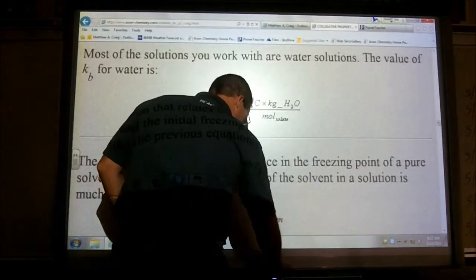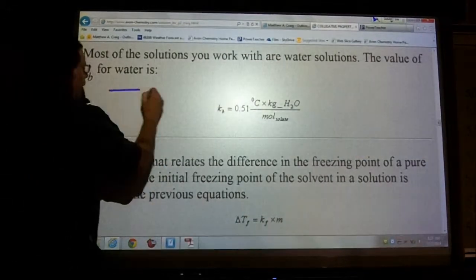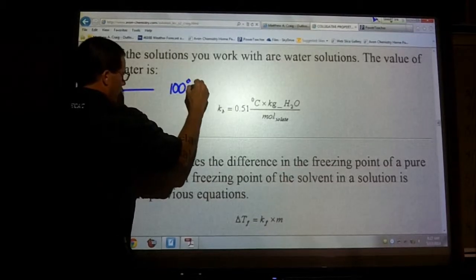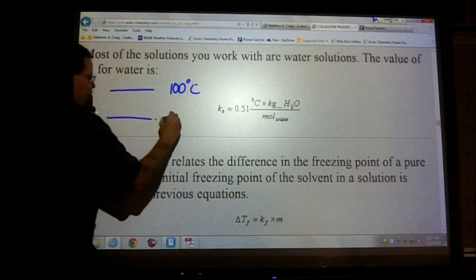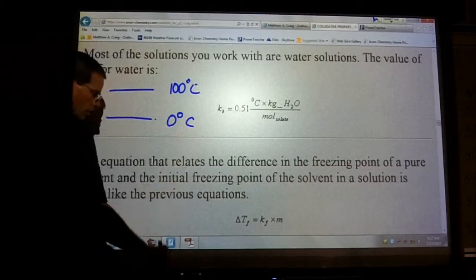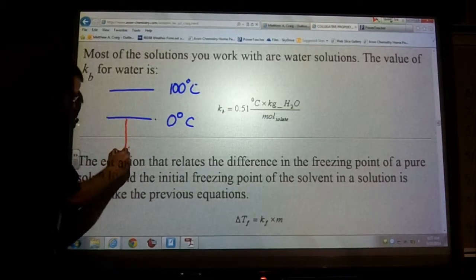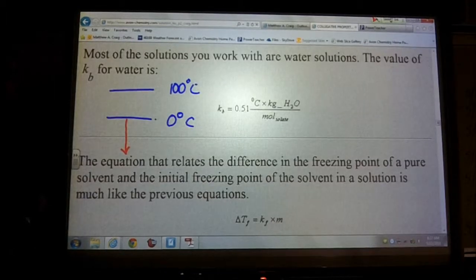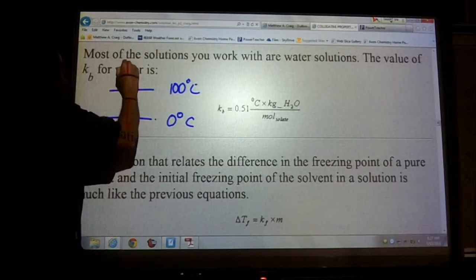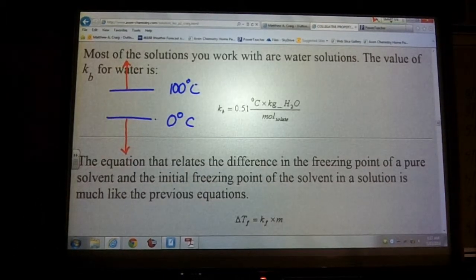And as a reminder, if the boiling point is 100 degrees Celsius and the freezing point is 0 degrees Celsius, if we are doing a freezing point depression, we are lowering the temperature at which it freezes. If it's a boiling point elevation, we are elevating the temperature. So we're moving away from 0 and 100.